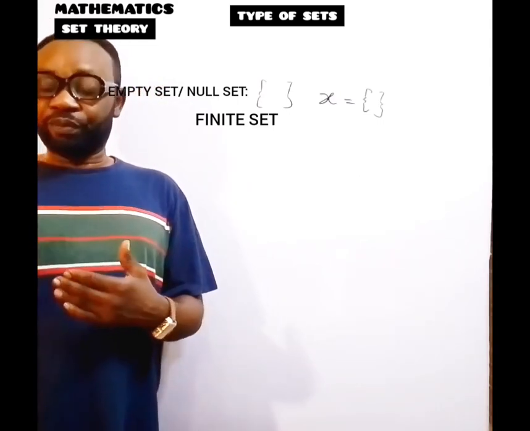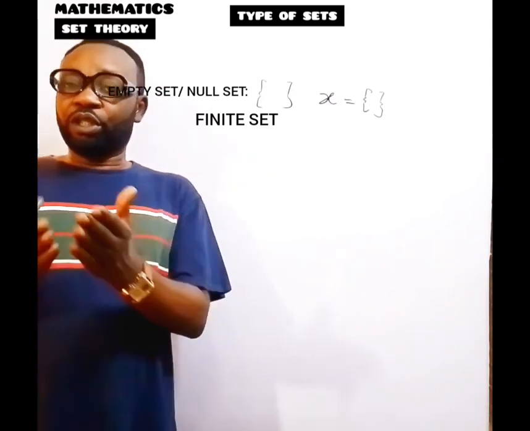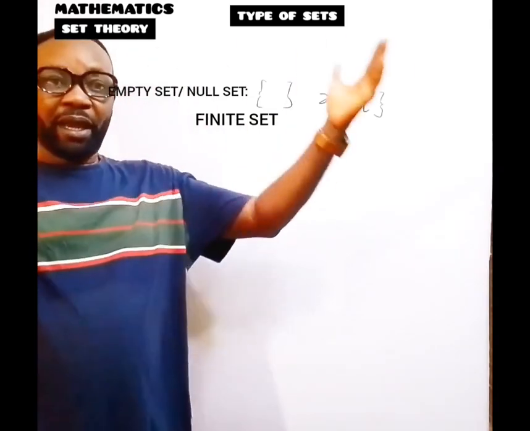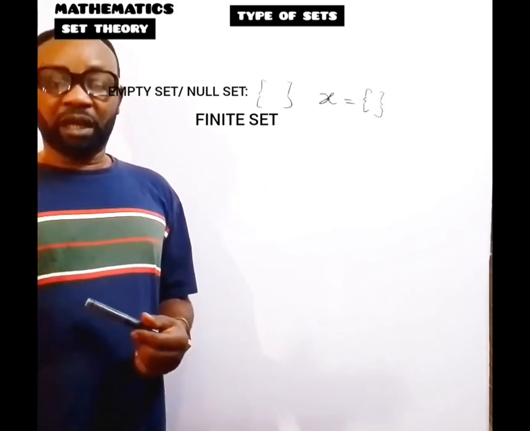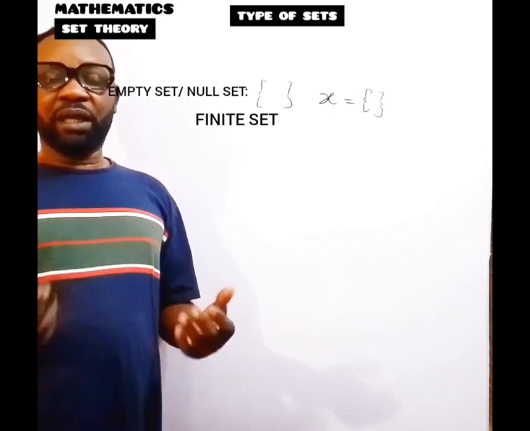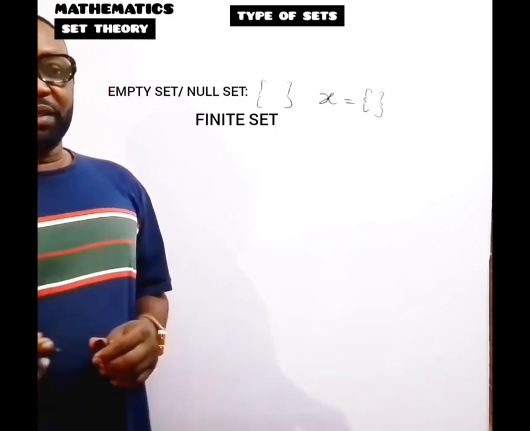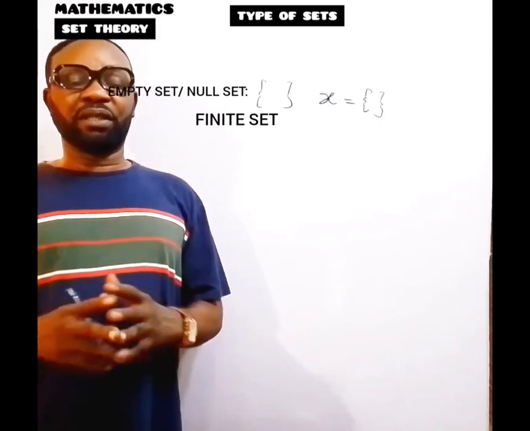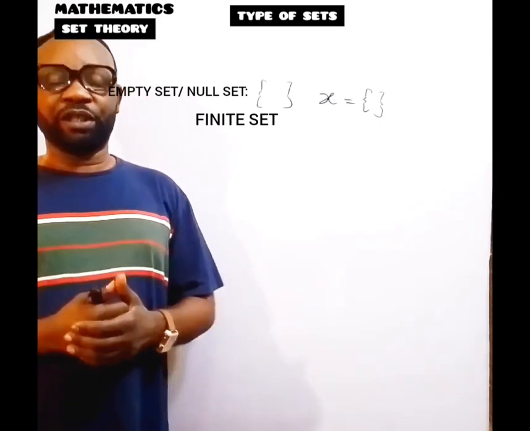Number of cubes in the sugar pack, number of fowls in a pen, number of animals we have on the field, number of students in the classroom. Those numbers can be counted. They are going to be called what is known as a finite set. The set that has a limited number that can be counted. Even if we have 10 million of it, it can still be counted.